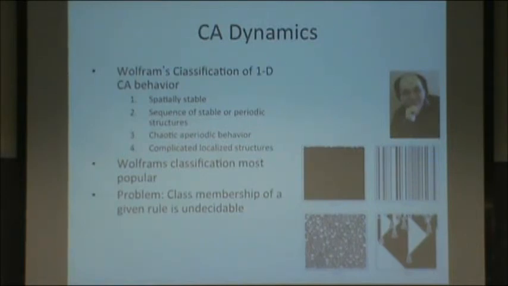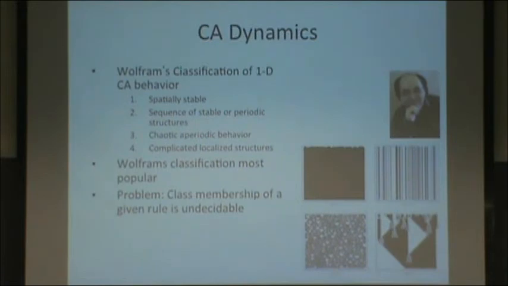Also, sequences of stable or periodic structure. So you have a mixture of the two, such as this one, class 2. And chaotic aperiodic behavior, such as this one, and rule 30 was an example of one of those. And complicated localized structures, such as this one. You can get something like that. So it's the most popular classification. There are others, but this one is the most popular.